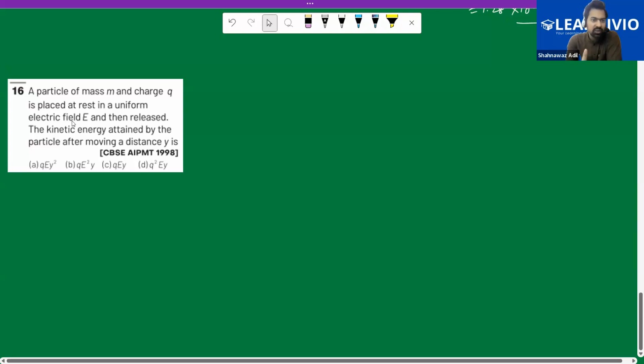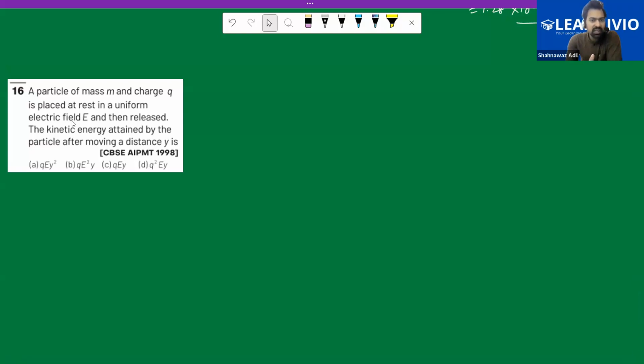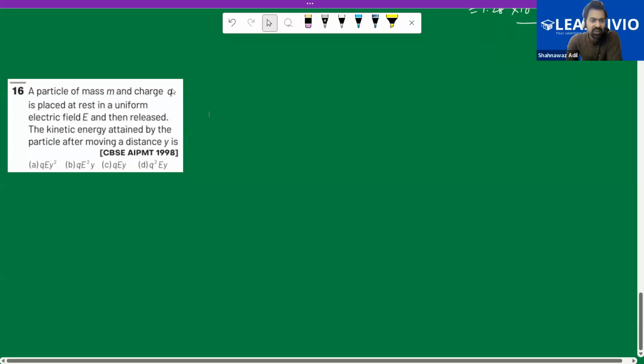So force, distance, and kinetic energy, we have these three components. Then from force and distance, we can calculate work done, and then we know the relation between kinetic energy and the work done. So using these ideas, this question will become very simple.